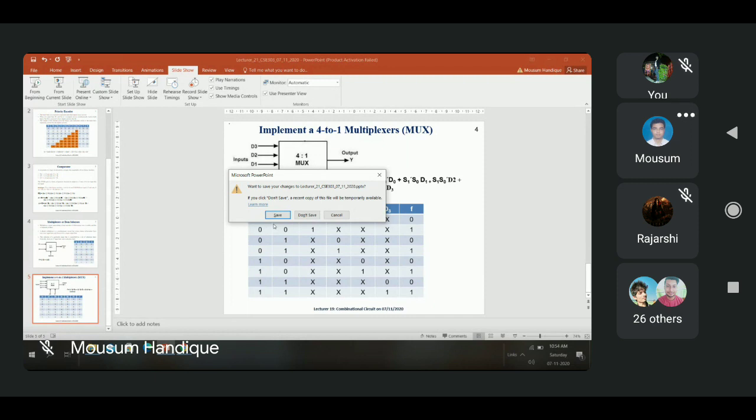Are you getting my point? Yes, sir. Whatever we have discussed till now, we demonstrated 2 or 3 examples of how we design gates, such as XOR gate and NOT gate, with the help of a programming language.